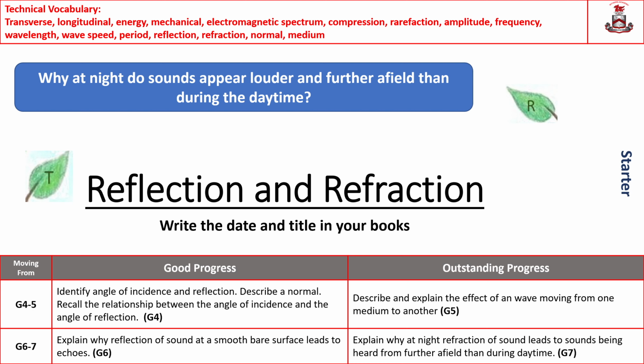Less noise. There's less background noise, so a sound further away is louder relative to the background noise. Also, because there's less noise, there's less interference, and we talked about interference last lesson. We will see it actually in the classroom, and it'll be a bit less confusing, I suppose.